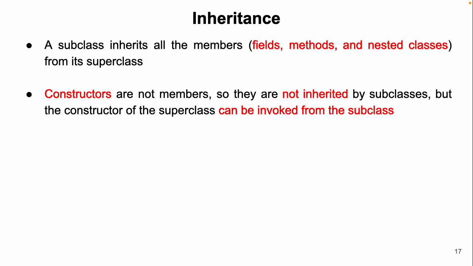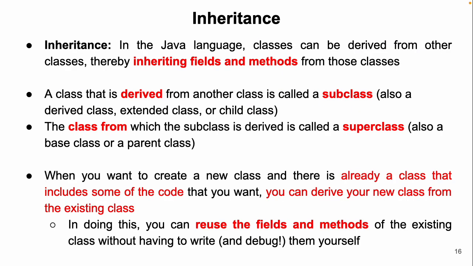Okay, so this is the theory part of inheritance. Do you want me to repeat it or do you already know it? Nothing but inheriting the properties and behavior from one class to another class is called inheritance.